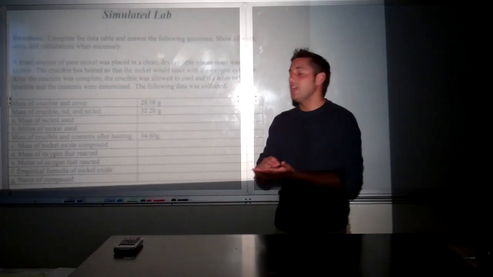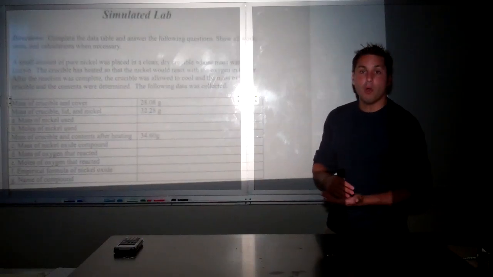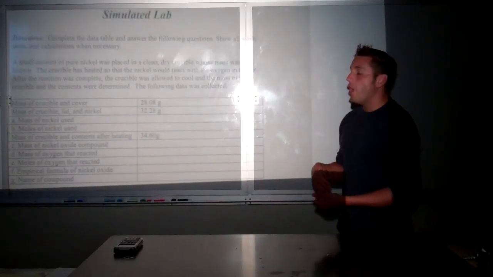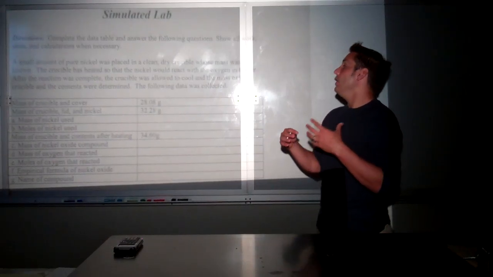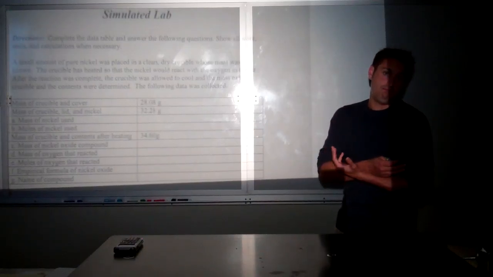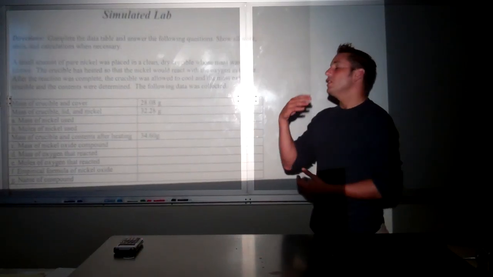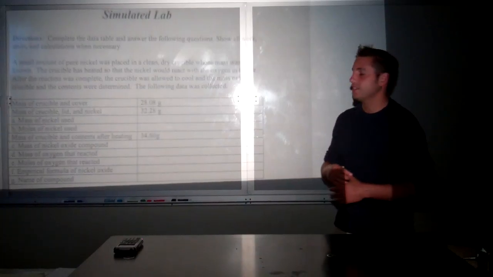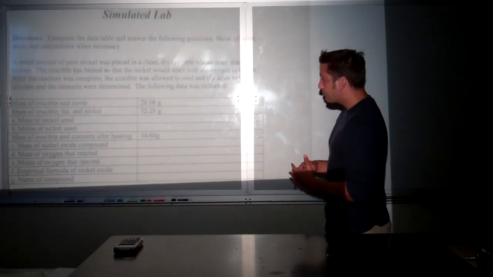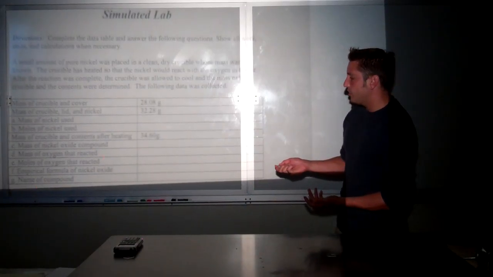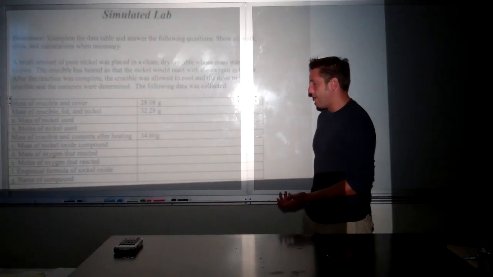The reason being is nickel has the ability to carry multiple charges, so we don't know what its formula is by simply doing symbols and charges and crossing them. Nickel could be a +2, sometimes it's a +1, it can form complex ions, all sorts of things. So we're going to try to get ourselves an empirical formula and then name it.